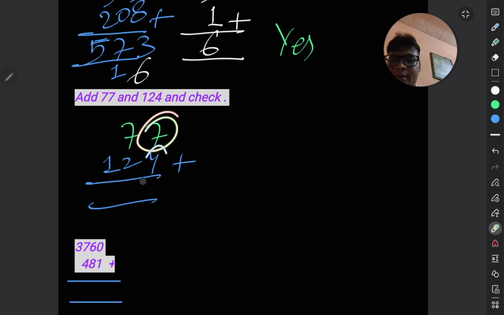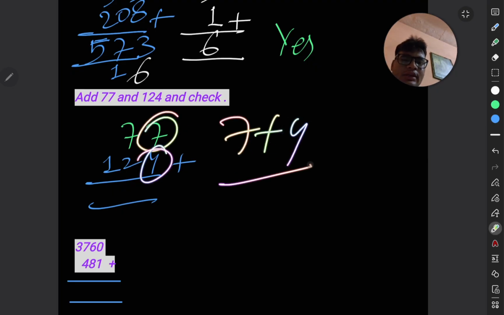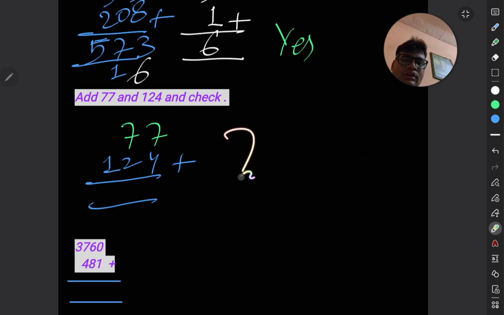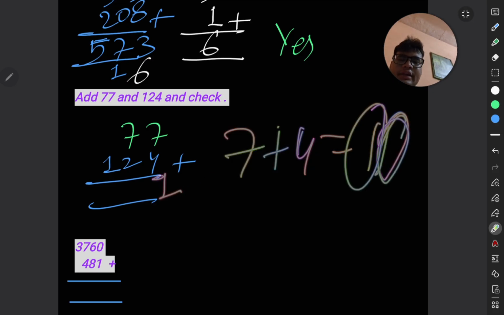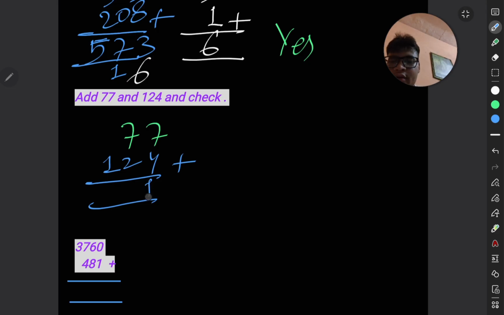7 plus 4 will be 11, you know. So we will write here 1 and 1 is carry.